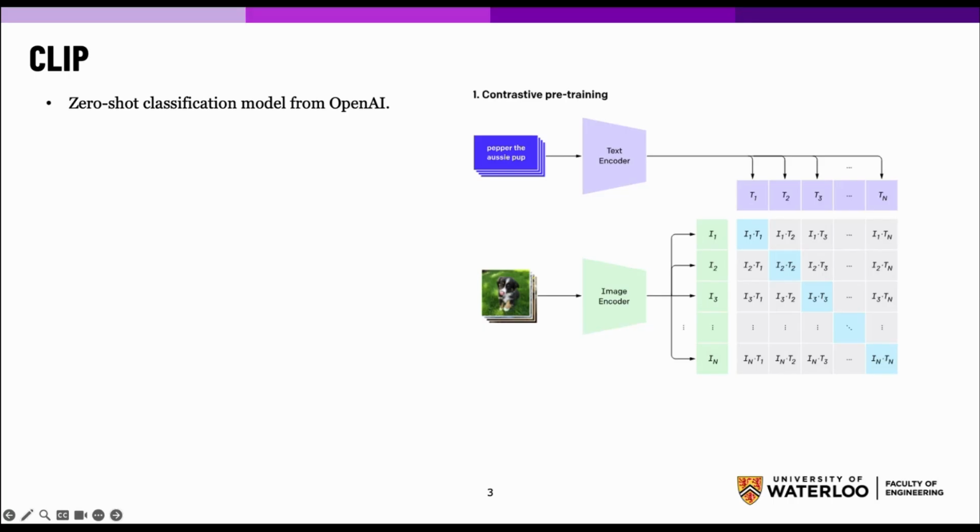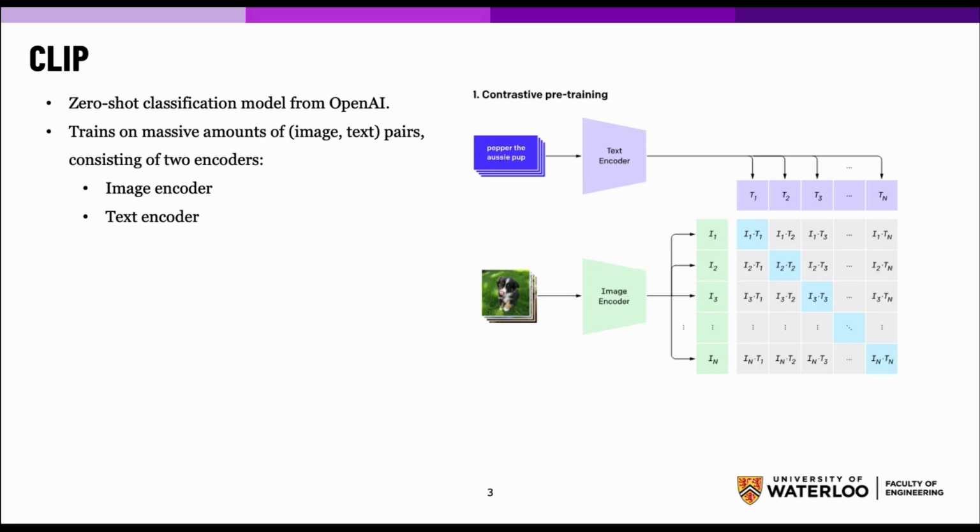So this idea is kind of similar to a popular zero-shot classification model called CLIP, produced by OpenAI. And CLIP is actually trained on massive amounts of image text pairs, right? So there's two components to it.